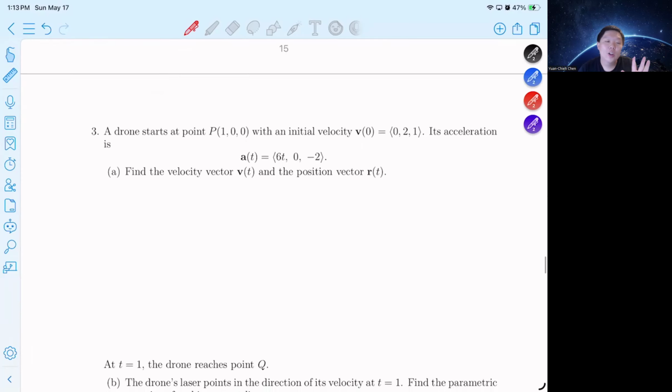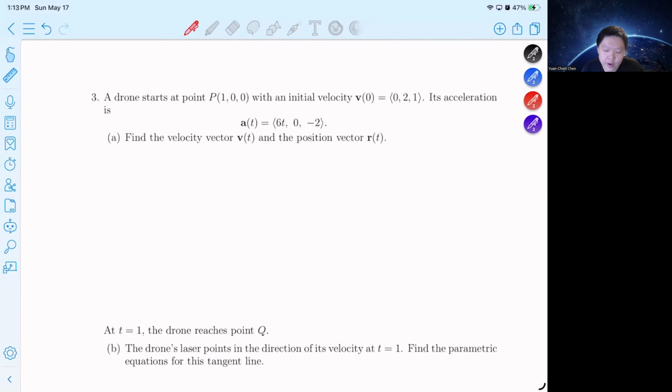So question 3: a drone starts at P(1, 0, 0) with velocity (0, 2, 1). Acceleration gives you the vector valued function. I want to find the velocity vector and the position vector. So v(t) is just this function taking the integral.